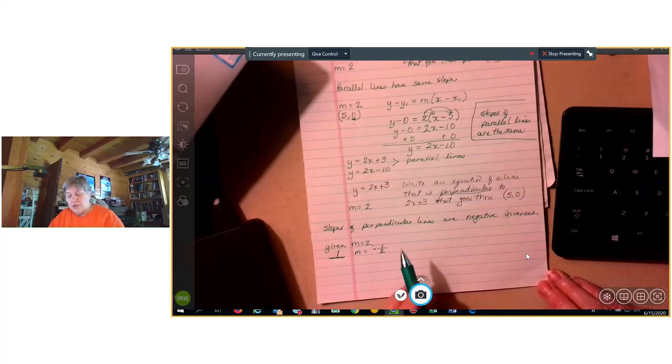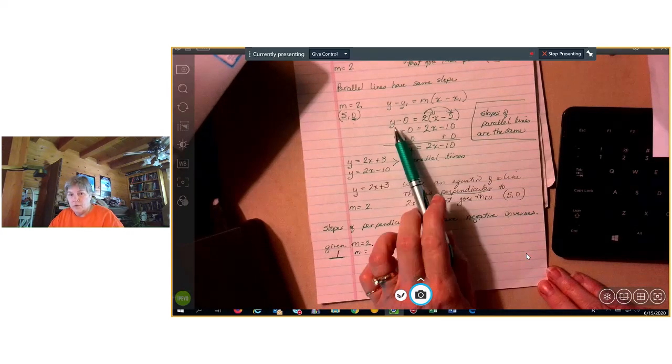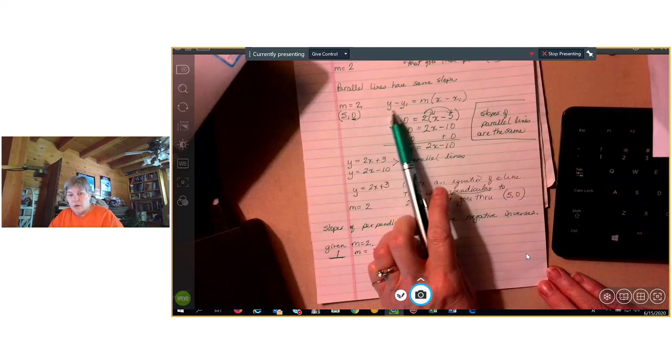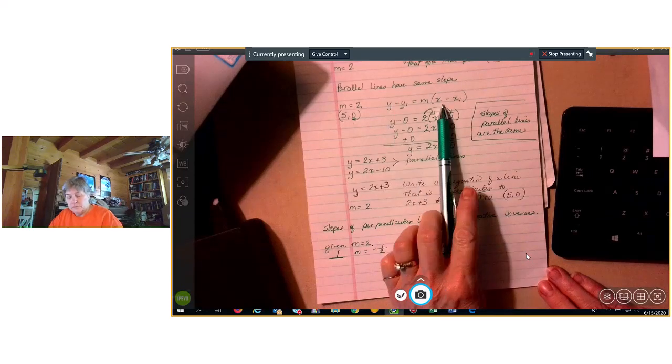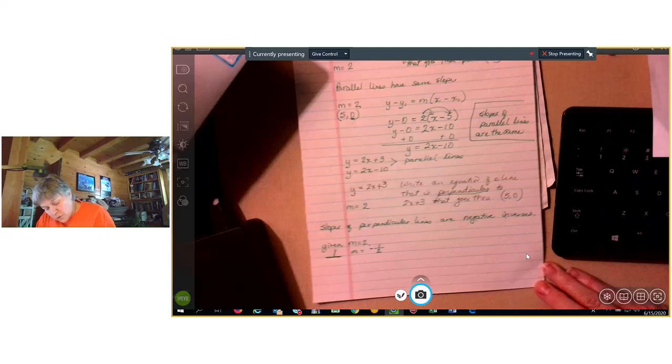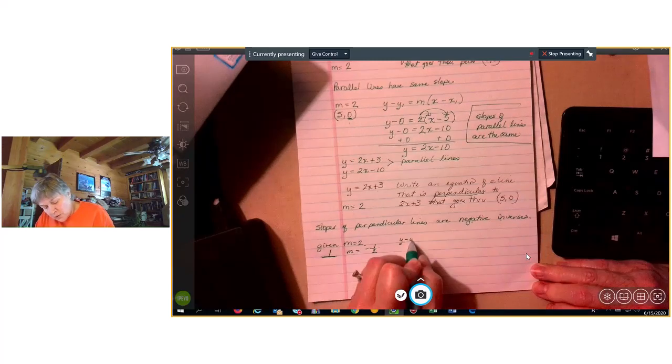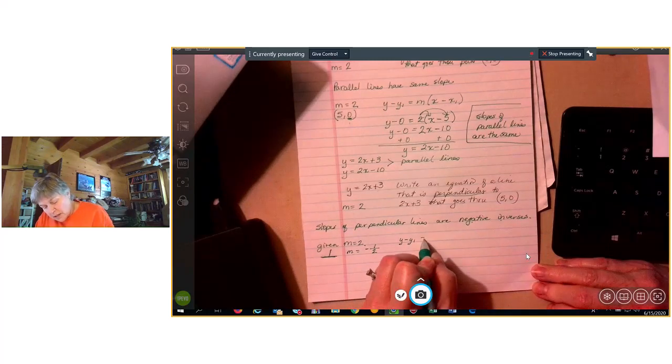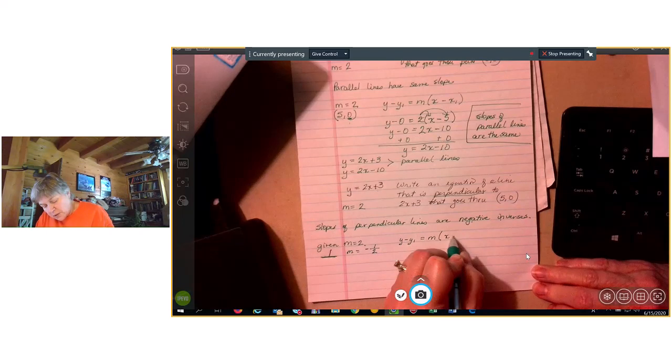And then we're going to do the same thing we did up here. We're going to use the point slope formula. So we're going to have y minus y1 equals m times x minus x1.